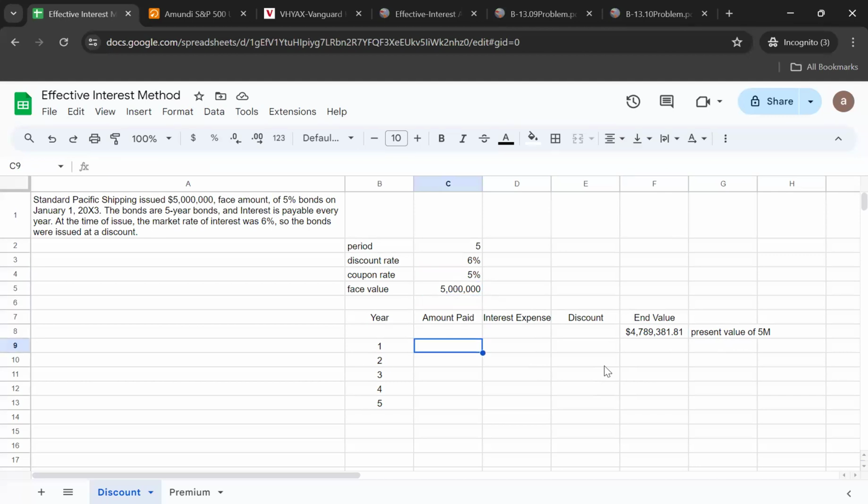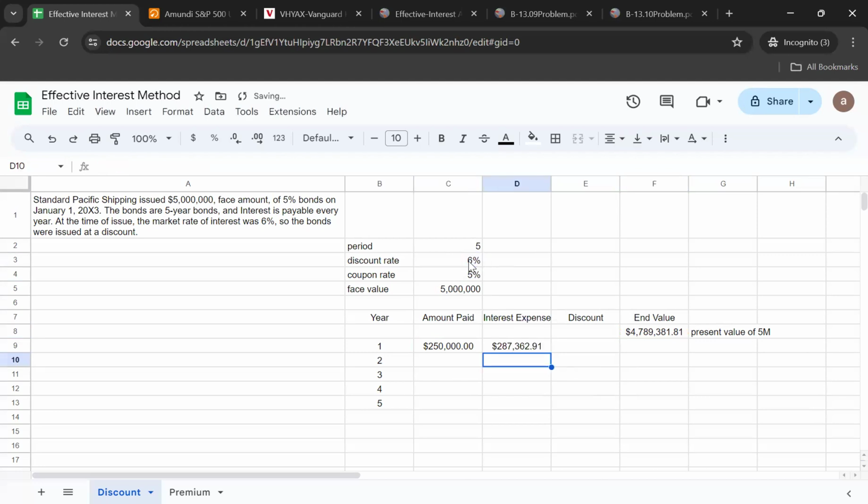Now at year end one, the amount paid would be simply this times this. That's one column. The second column is about interest expense. So interest expense is going to be the present value, so we will take this number, present value times 6%.